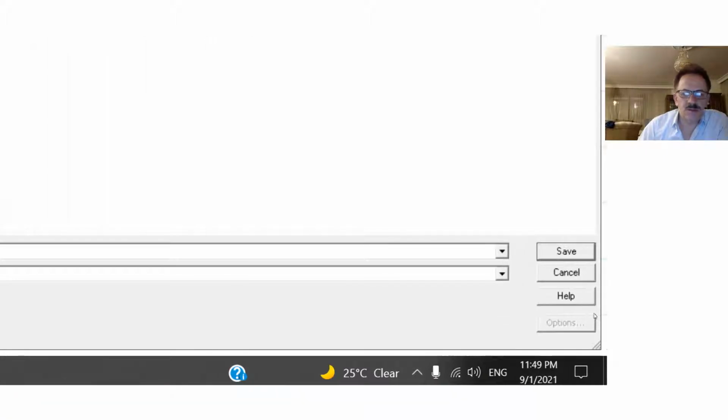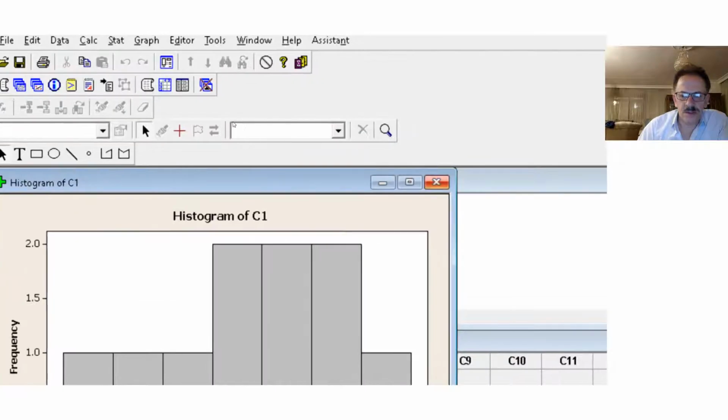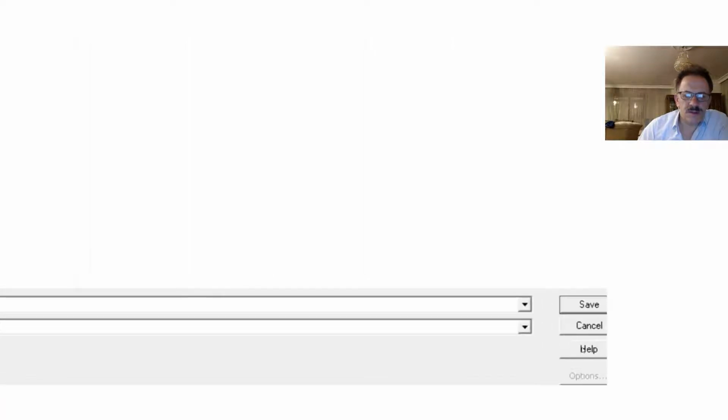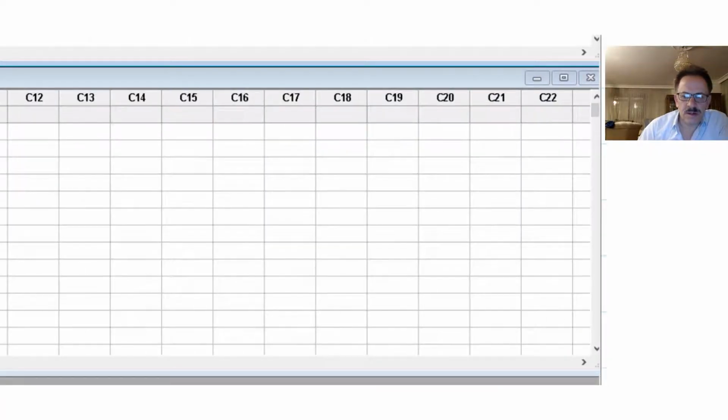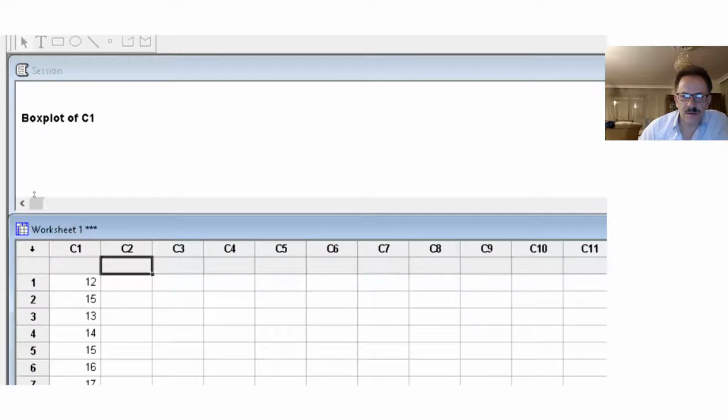So this is the box plot in that one, then save. And then you can just close that one. Yeah, I just say save that one.